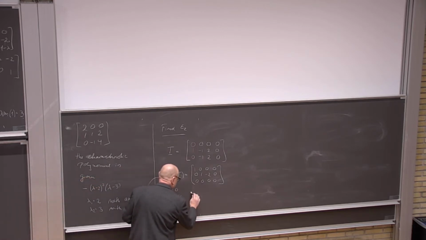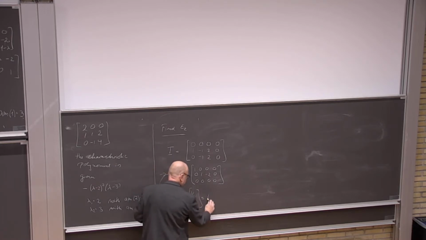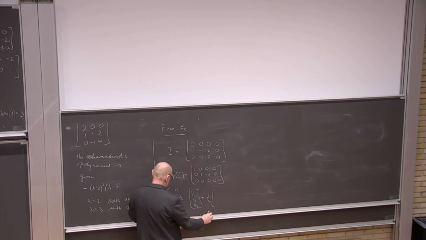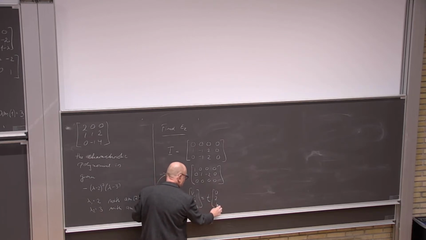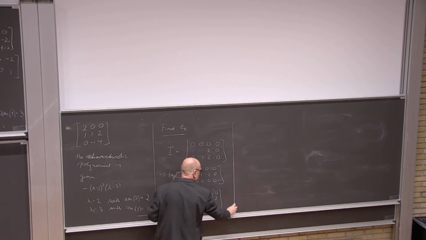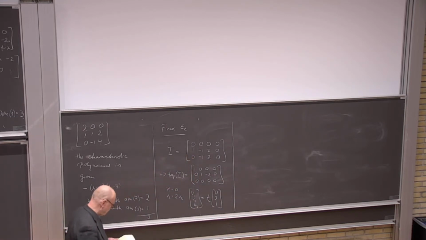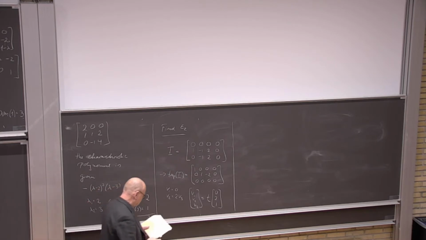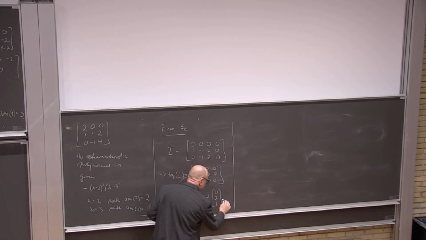And you get that V1, V2, V3 is equal to some parameter t times 0, 2, 1, where t is a real parameter.